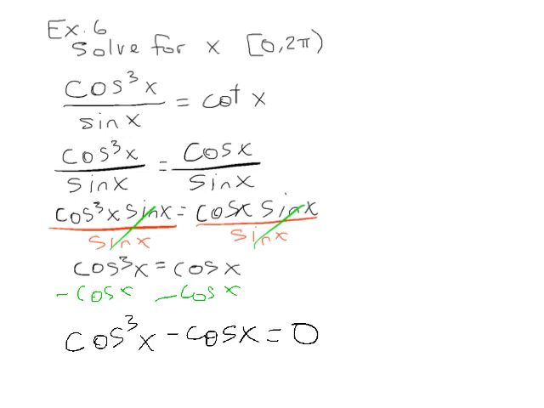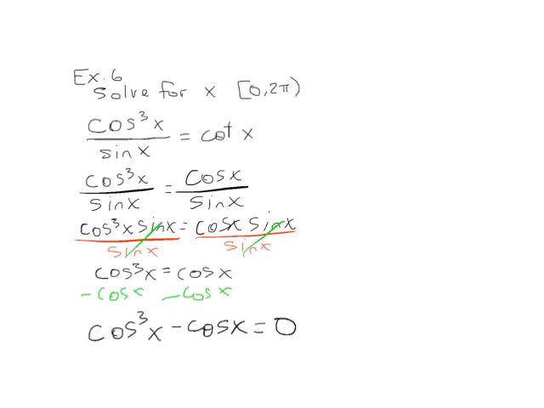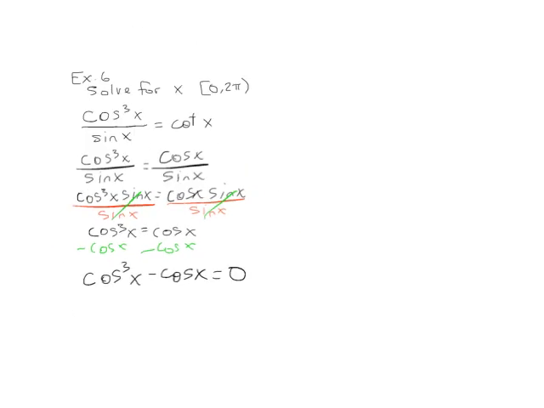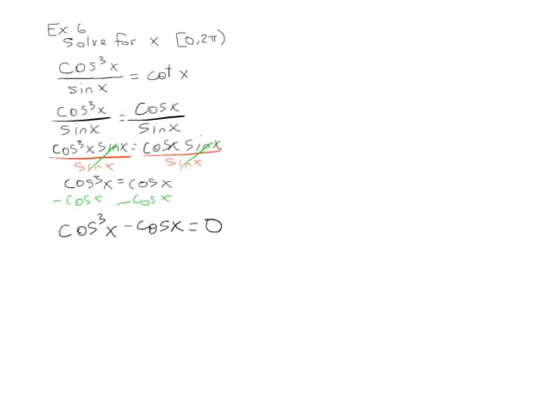Now, this factors, and I know it doesn't look like it right now, but there's a cosine in both of those. So if I factor a cosine out, that's going to leave me on the inside with cosine squared x minus 1 equals 0.